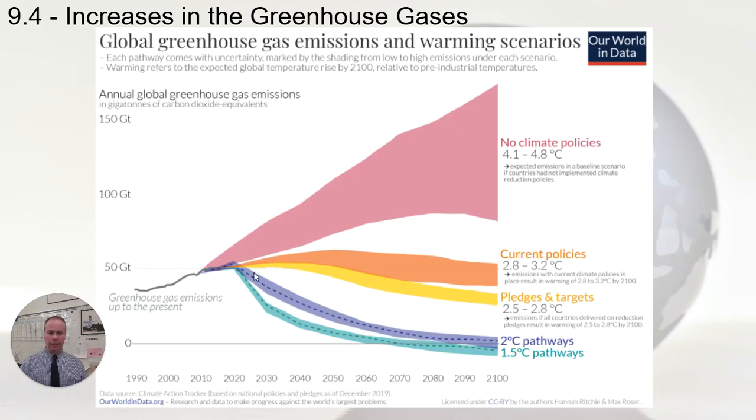And there are also pathways that can lead to us keeping warming around 2 degrees, or around 1.5 degrees Celsius. But these are quite unlikely, especially the 1.5 degrees Celsius pathway.